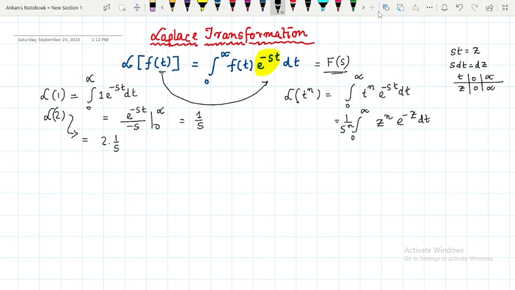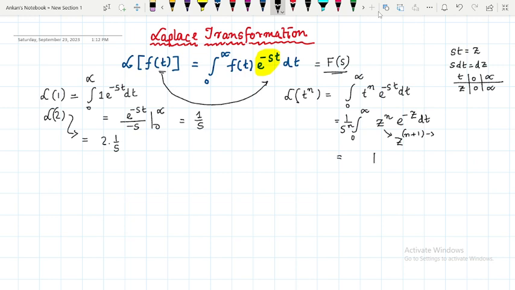Now you have to integrate this, and after integrating simply by the gamma function, you can obtain, this is n plus 1, we can convert it as z to the power n plus 1 minus 1.